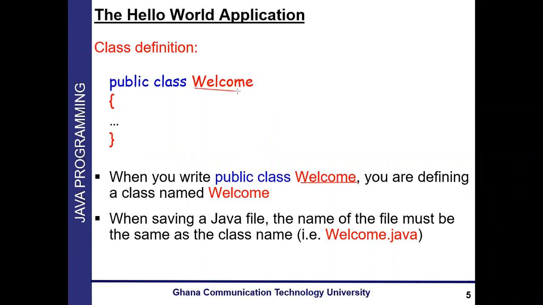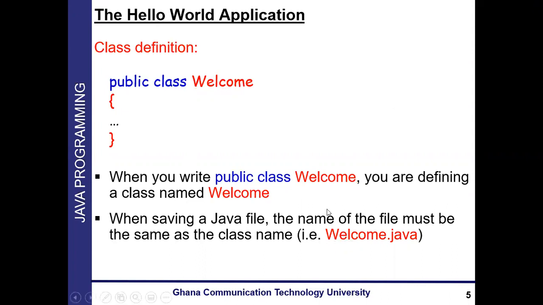So when you write welcome, the system will save it as welcome.java. Or if you are going to save it yourself, that's what you have to write, welcome.java. And it must be exactly as you spelled it. Java is case sensitive. So you need to make sure that whatever you write as your class name is exactly what is saved as your file name, because Java is looking for the class.